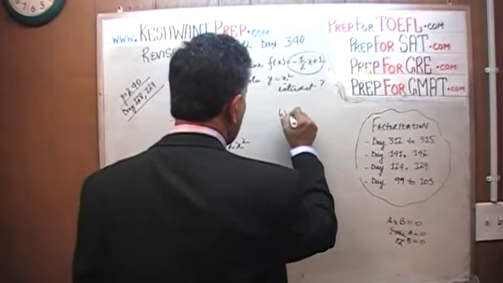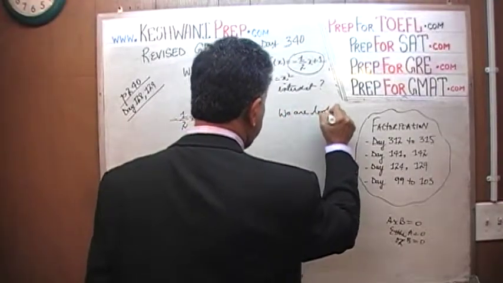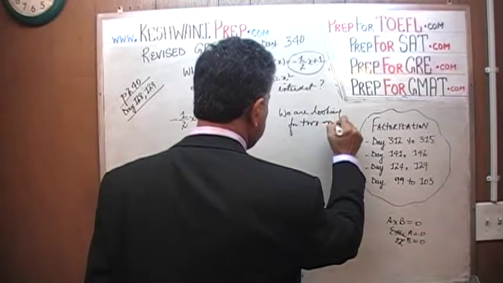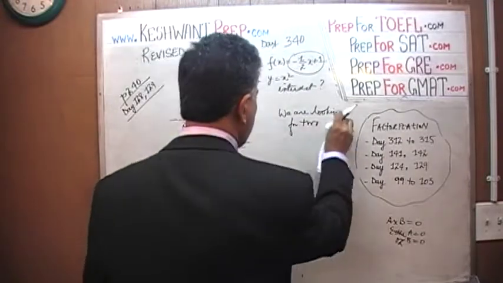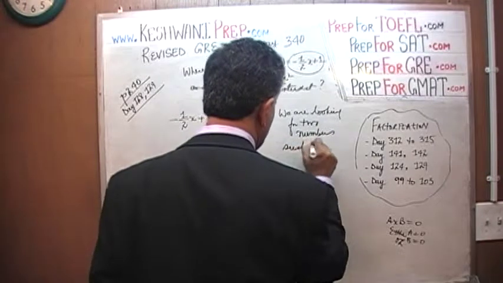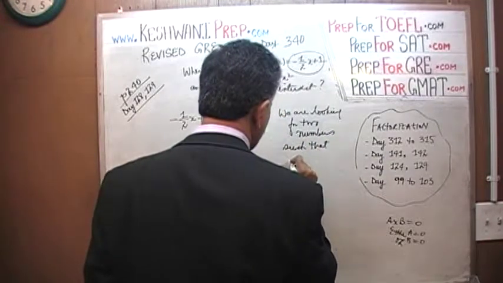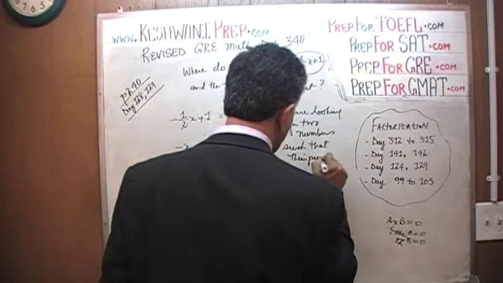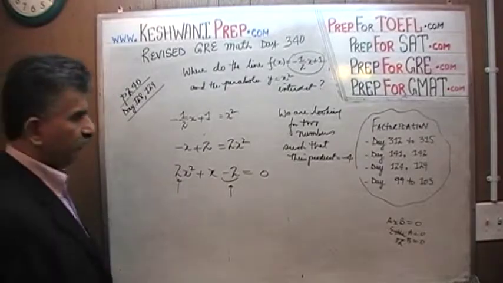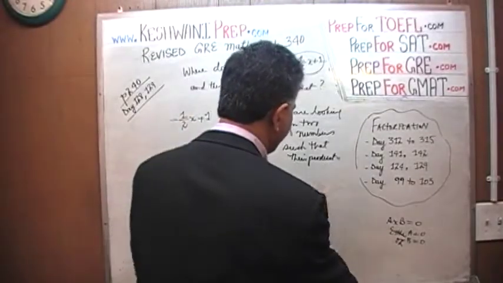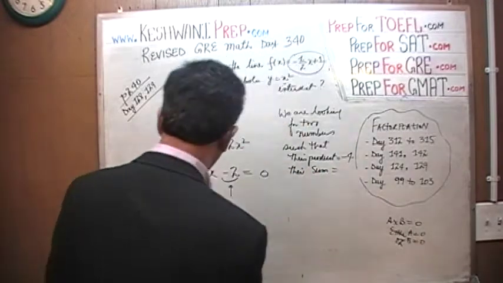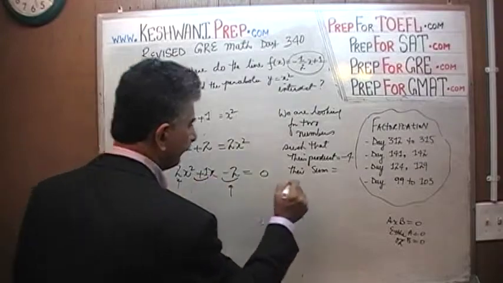We are looking for two numbers such that their product equals a negative 4, because 2 times negative 2 is negative 4, and their sum equals a positive 1.